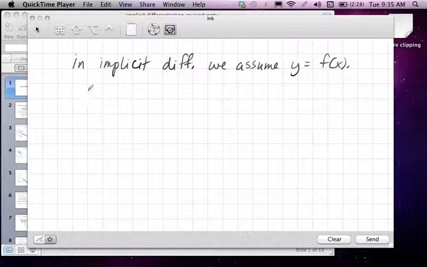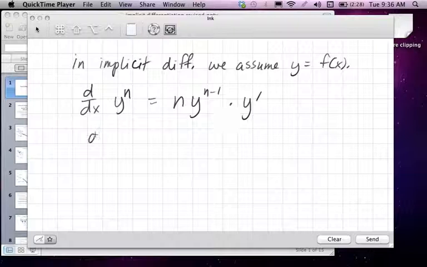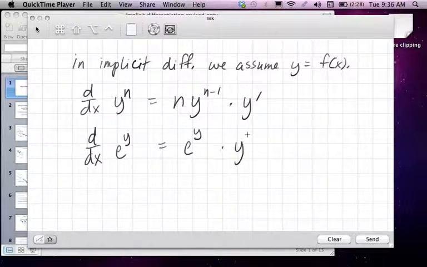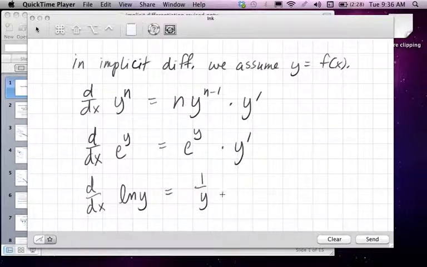And then finding the derivative with respect to x of things like y to the n is going to be n y to the n minus 1 times y prime. And the derivative with respect to x of e to the y is going to be e to the y times y prime. The derivative with respect to x of ln of y is going to be 1 over y times y prime. So we're going to be treating these y's just like we did u's in the chain rule.